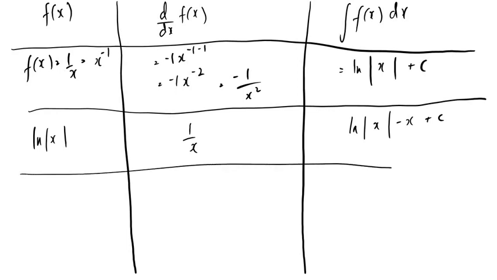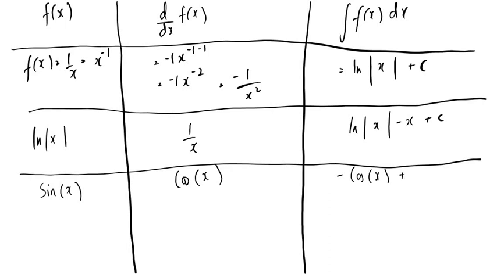So let's look at some other functions like sin x. Sin x, we know that the differentiation is cos x and integration is minus cos x plus c. Let's look at sin kx, k times x.